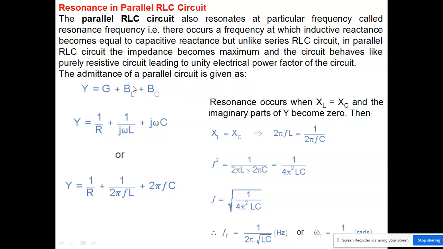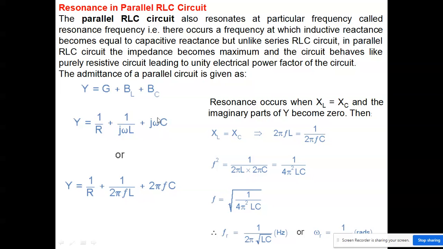Our admittance of the parallel circuit is given by this: 1 by R, 1 by XL, and 1 by XC. The J comes because of the phasor notation.